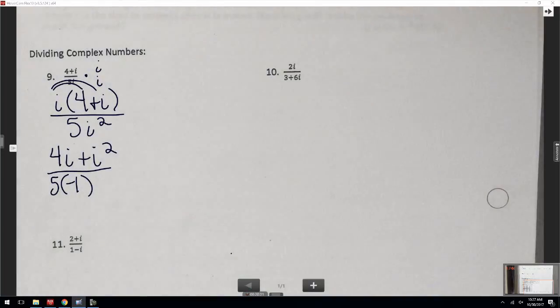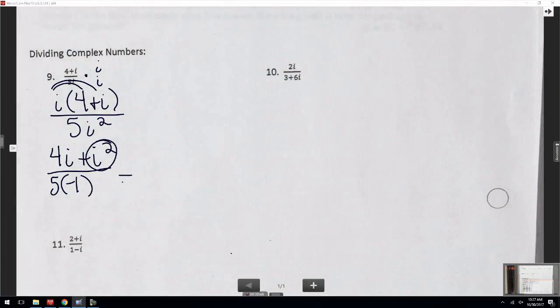All right, and then this guy right here is also negative 1, but remember from Friday with complex numbers, it was proper to write the i where? In the back. There you go. So this would be negative 1 plus 4i over negative 5.